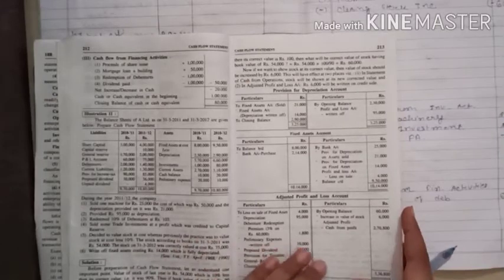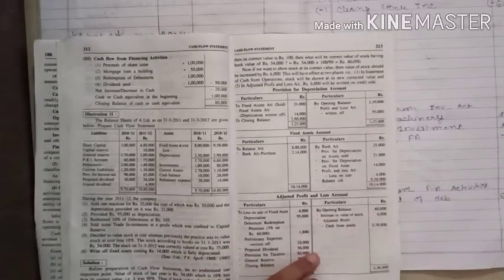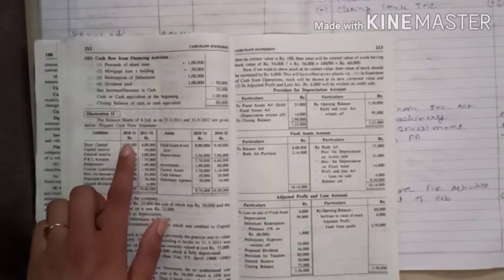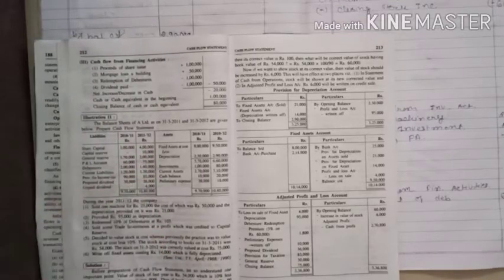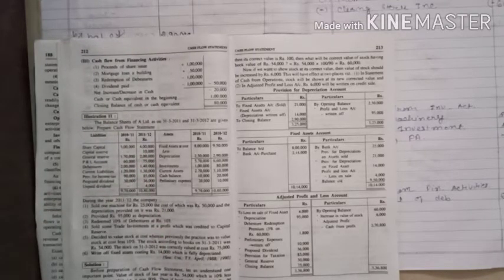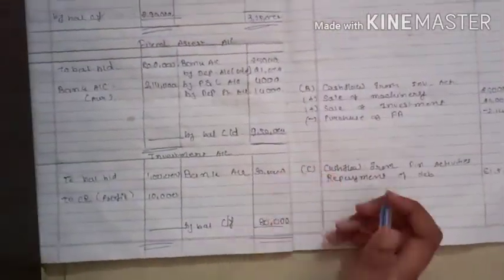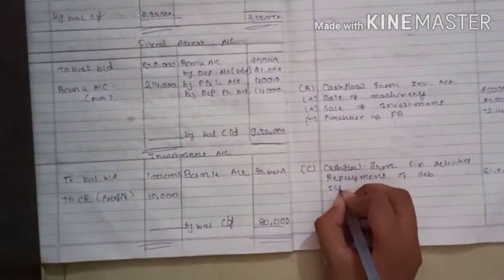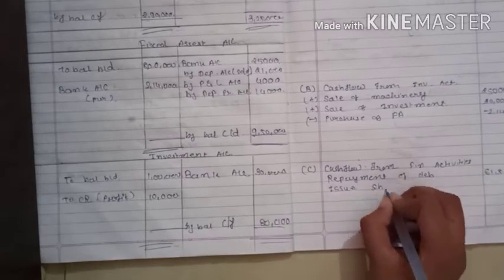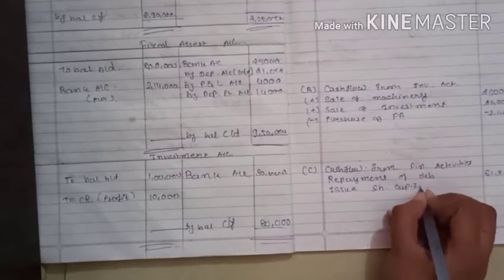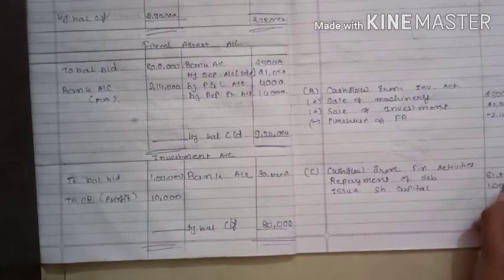First is the share capital, 3 lakh and 4 lakh. That means an increase in share capital. That means we have issued share capital of rupees 1 lakh. So it will be cash inflow from the financing activities. So issue of share capital of rupees 1 lakh.